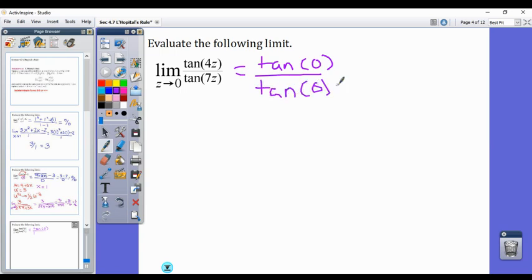Okay, so if I'm looking at my unit circle, I know that the coordinate here is 1, 0, and we know that tangent is sine over cosine, which is our y value over our x value. So in essence, when I do this, I'm getting 0 over 1 over 0 over 1, and that is going to end up giving me 0 over 0.